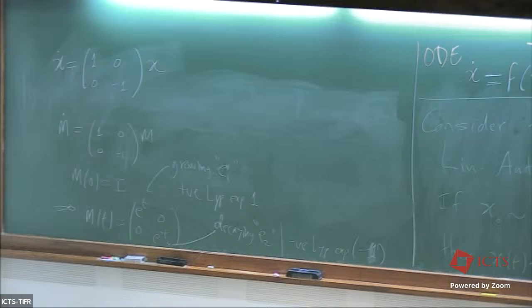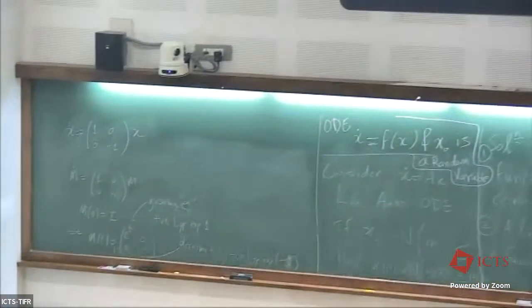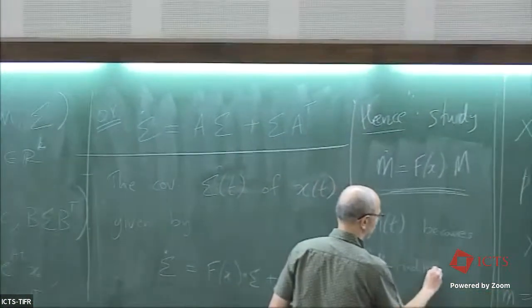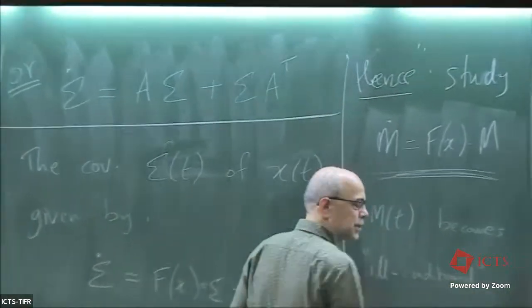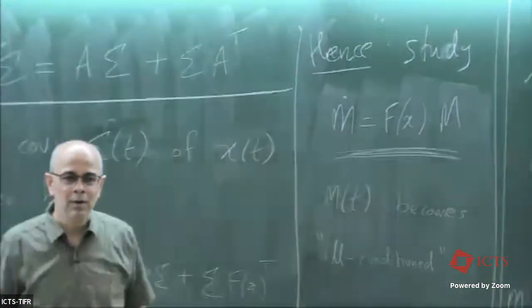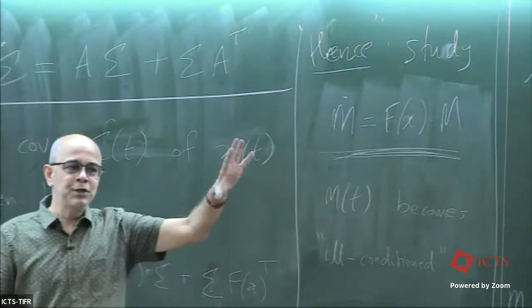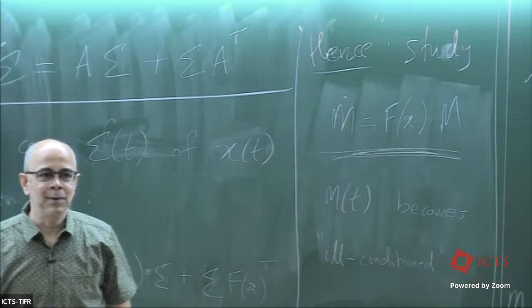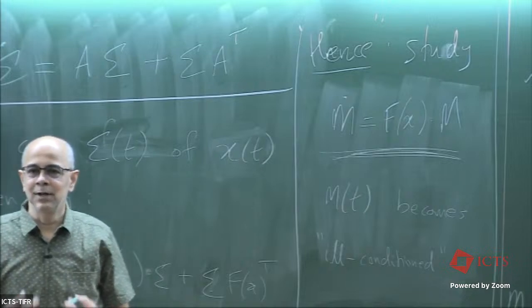So M of t becomes ill-conditioned very quickly. Essentially, what this means is you have very large and very small components of this matrix, and that matrix becomes ill-conditioned.